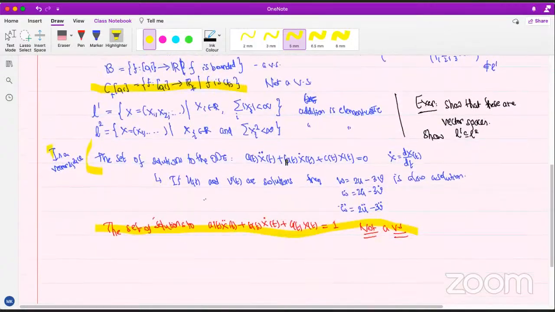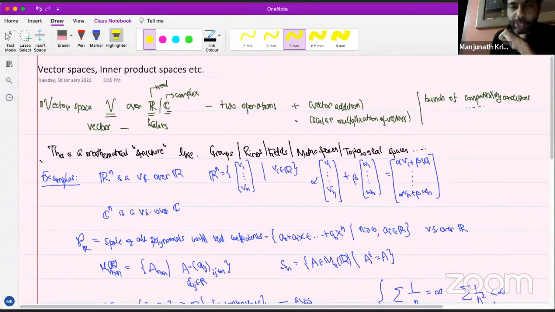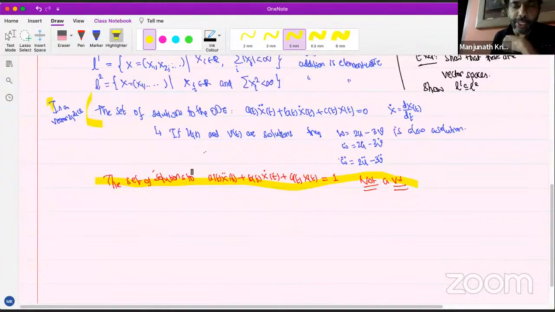So 0 comes after, but if you want to understand it in a somewhat abstract way, 0 comes after you define what it is. What you call 0 need not be the number 0. Maybe there is a vector space and it has an identity which can be called 0. So to say that 0 is not there, what is 0, first of all?